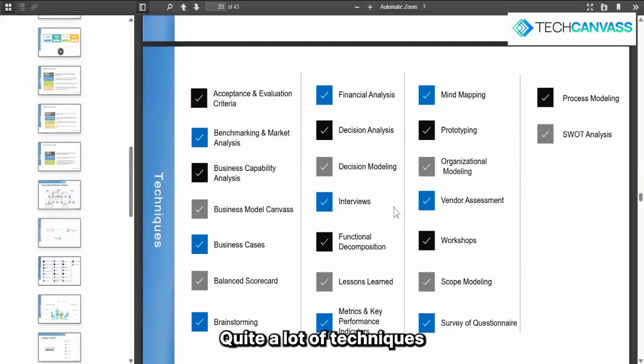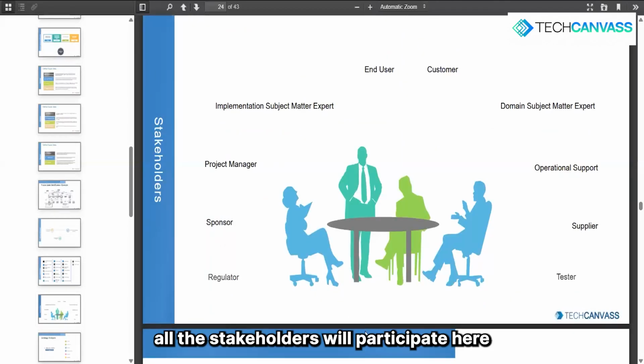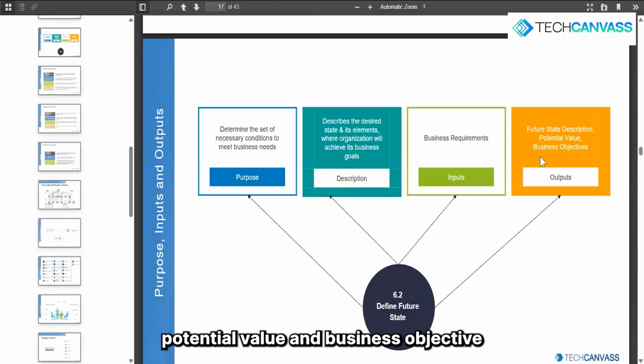Quite a lot of techniques are overlapping here also. Again, SWOT. You will see organizational modeling, because there may be a change in the future organizational structure of your organization. Benchmarking and market analysis, key performance indicators. So these are some obvious ones. Again, all the stakeholders will participate here. Now, what is the output here? Future state description, potential value, and business objective.